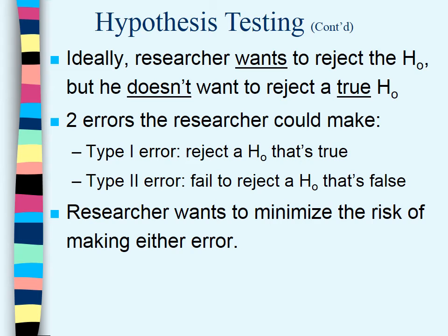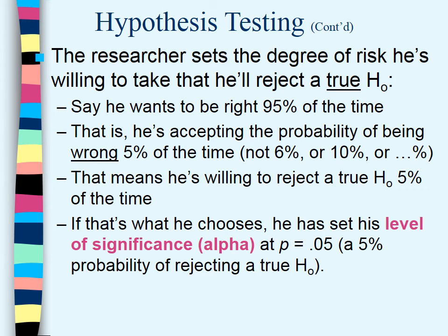So you want to do whatever you can to minimize the risk of making either of these types of errors. So in order to set some parameters here to limit our ability to make those errors, the researcher sets a degree of risk that they're willing to take to reject a true null hypothesis.